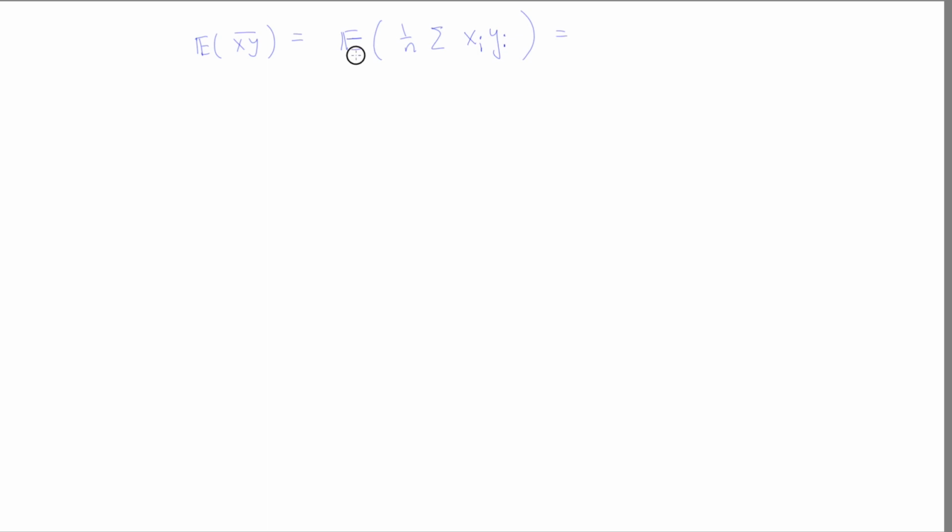Again, because xi is constant, the expectation can go all the way inside. This is equal to 1 over n times the sum of xi times (A plus B xi), which is basically A x bar plus B x squared bar.